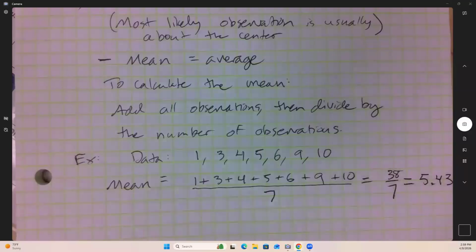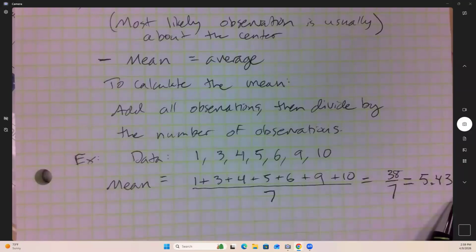Now, technically, it's 5.428571, et cetera, but how many decimals do we really need? If you're measuring precipitation in millimeters, you probably don't need 6 decimals. If you're measuring blood pressure, you might not even need any decimals. You might toss 1 in there just so it's a little more clear that it was a calculation and not just a number you picked out of the top of your head.